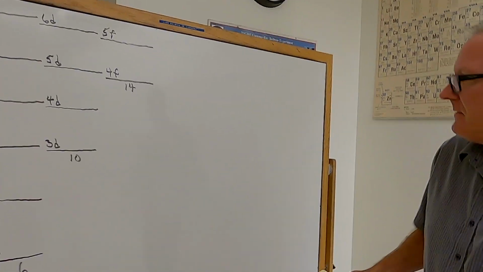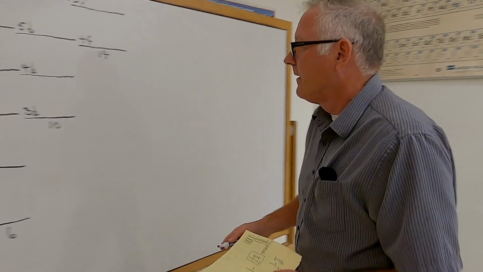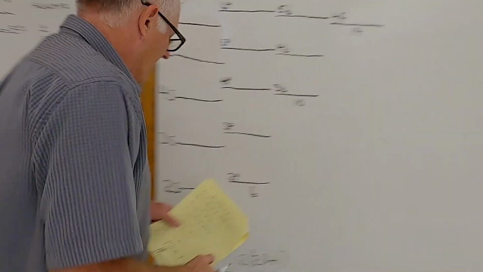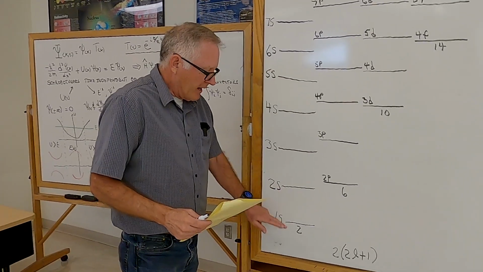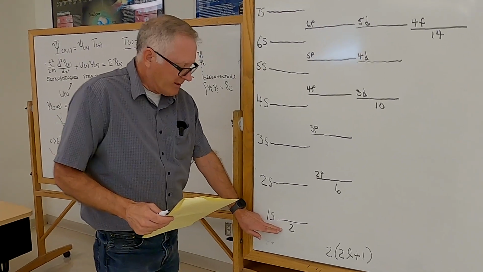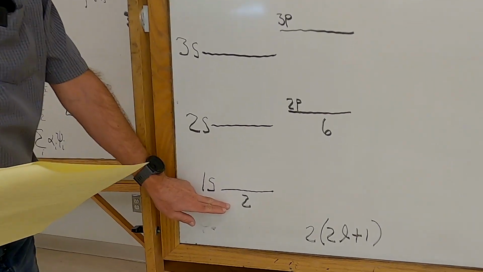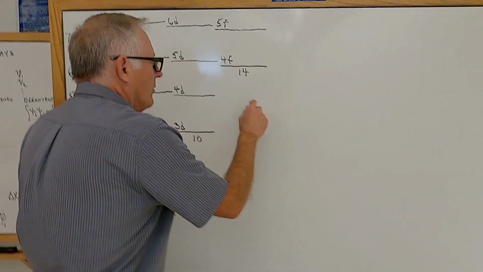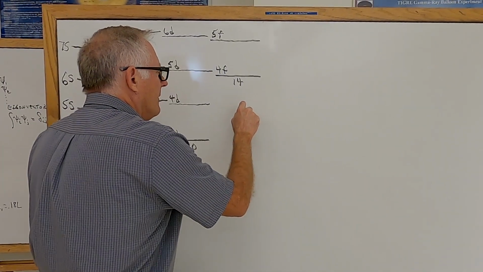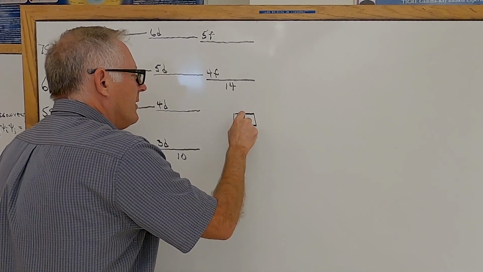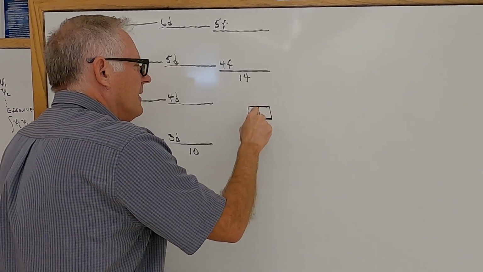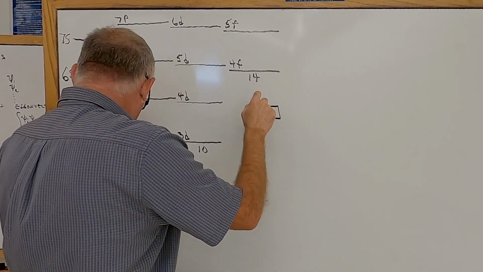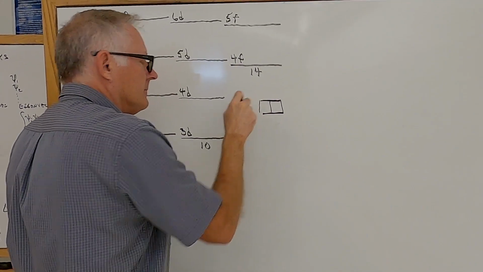Since we're right here, we might as well do it right here. You'll notice when we start at the very bottom, there's just 2 electrons that can be in this 1s state. So we'll just draw it right here. There's 2 of them right here. So this is the 1s state.